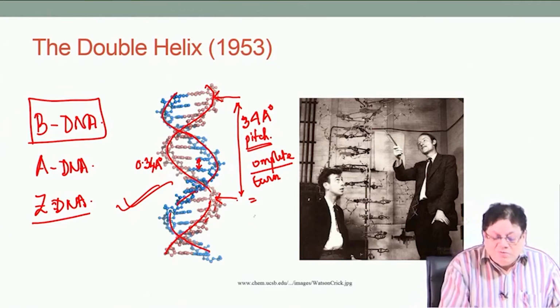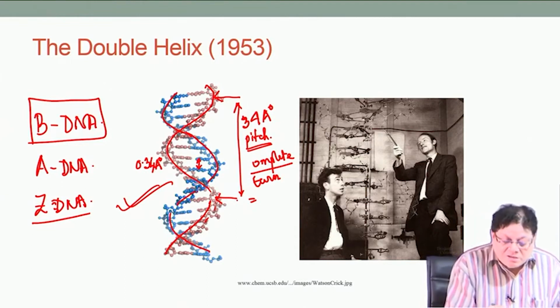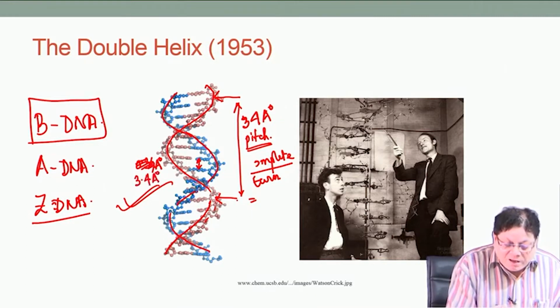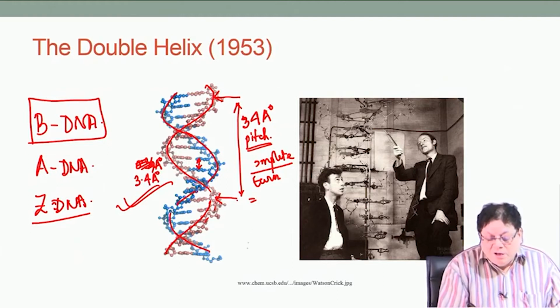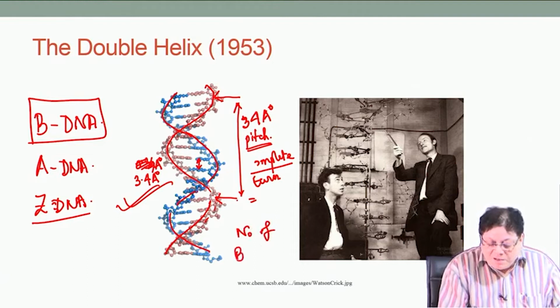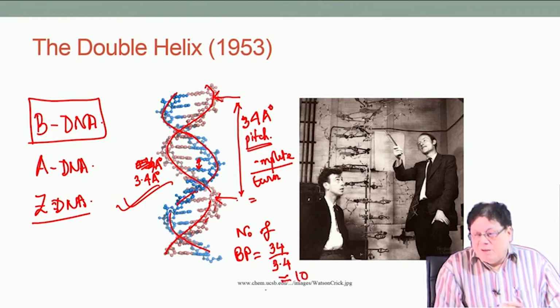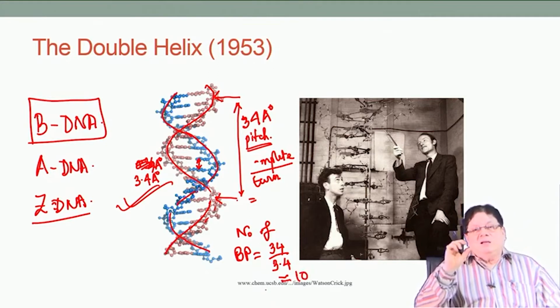Sorry, I am sorry, this is 3.4, not 0.34, this is 3.4 angstrom. And this is 34 angstrom. So, the number of base pairs in one complete turn will be 34 divided by 3.4. So, it is approximately 10. So, there are 10 base pairs in one complete turn.